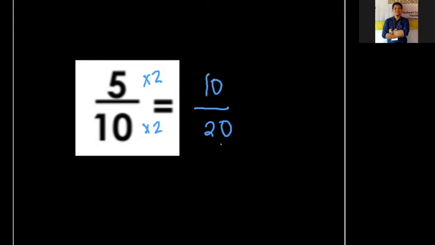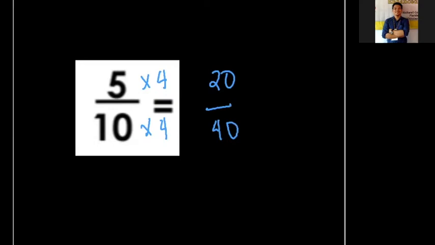So 10 over 20 is the same as 5 over 10. We can also use other numbers, like by multiplying it by 4, for example. So we get 20 over 40. And again, 20 over 40 is just the same as 5 over 10.